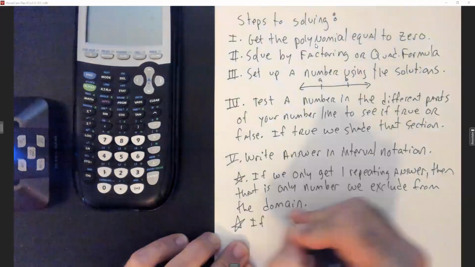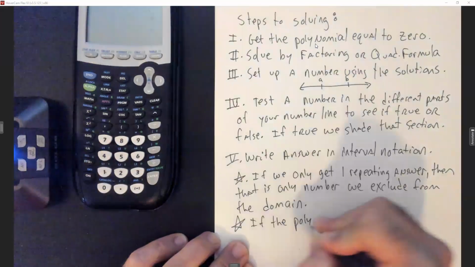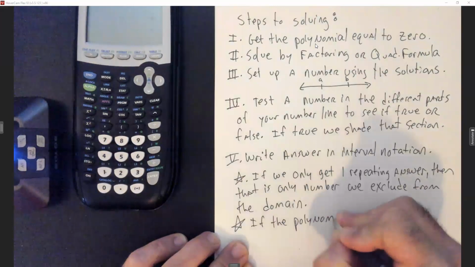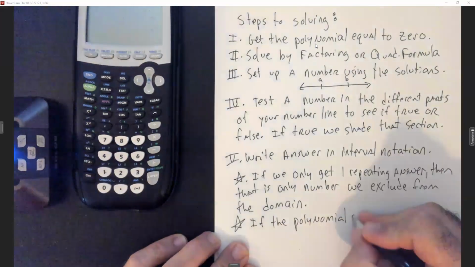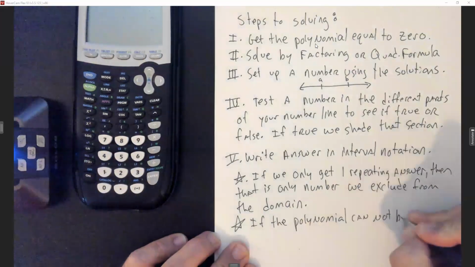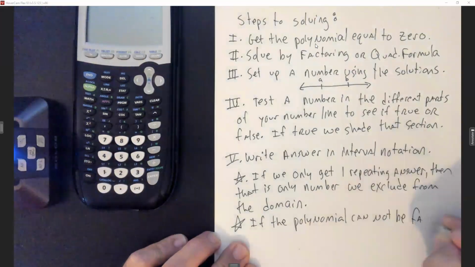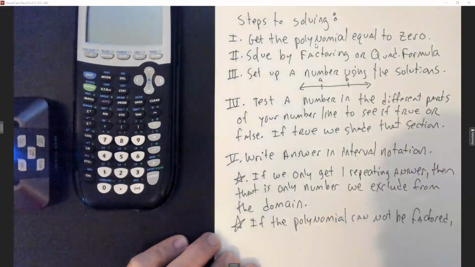If the polynomial cannot be factored, then it is a no solution.